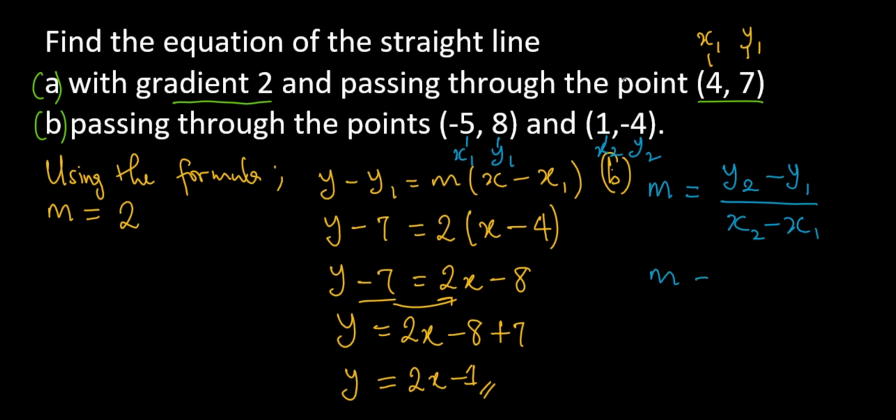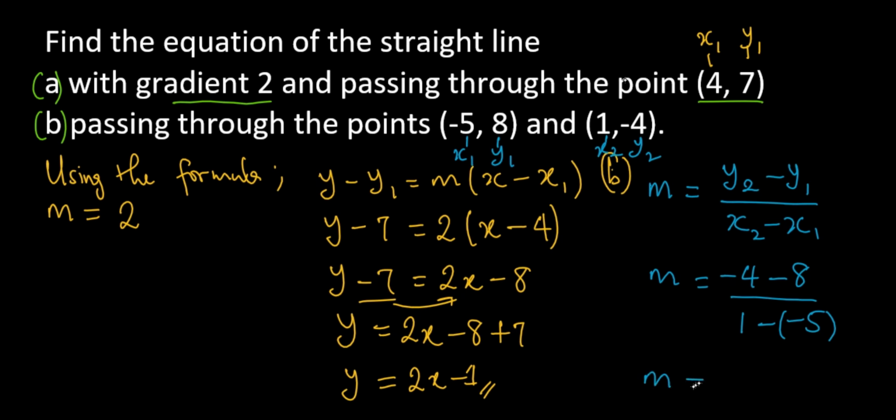The slope is y2 minus y1 over x2 minus x1, and y2 is minus 4 minus 8, over x2, which is 1, minus x1, which is minus 5.